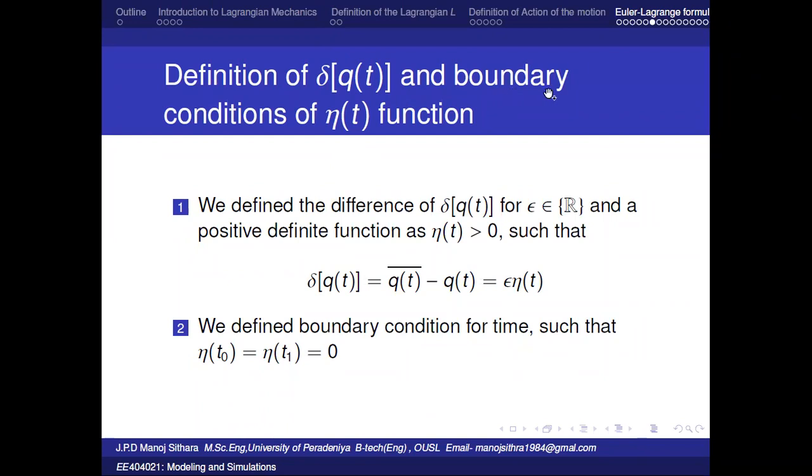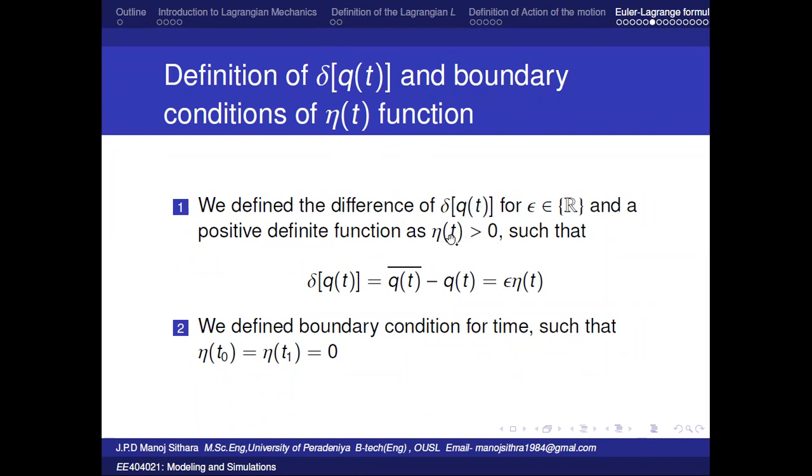And the boundary conditions of an eta function can be assumed. Here we define the difference of very small functional behavior for some epsilon value and a positive definite function.